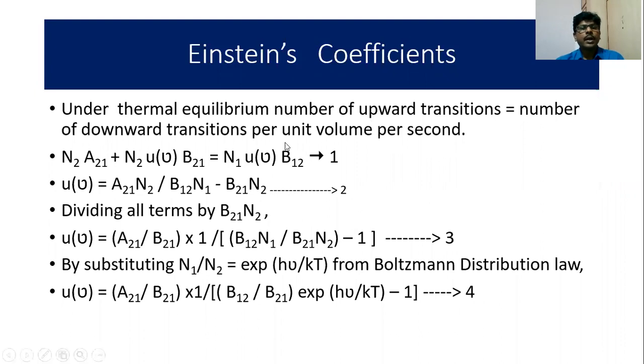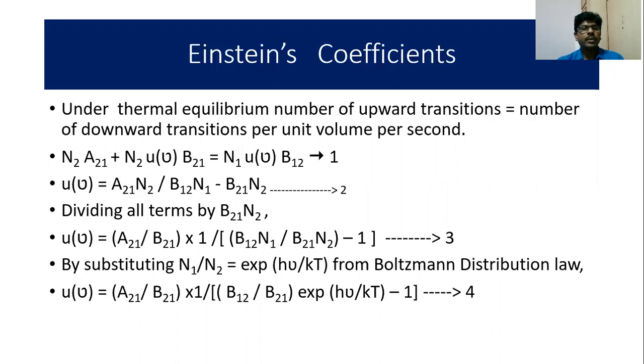So combining this, what do you get? N2 A21 plus N2 U nu B21 is equal to N1 U nu B12. That is, on one side we have the downward transitions and on the other side we have the upward transitions.